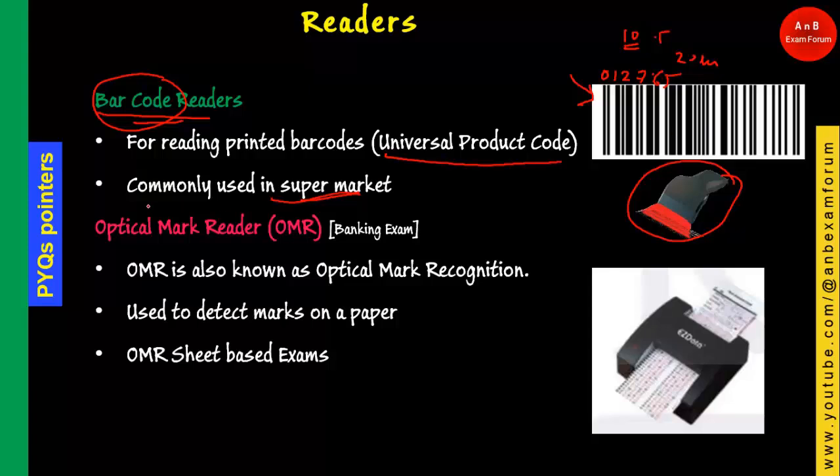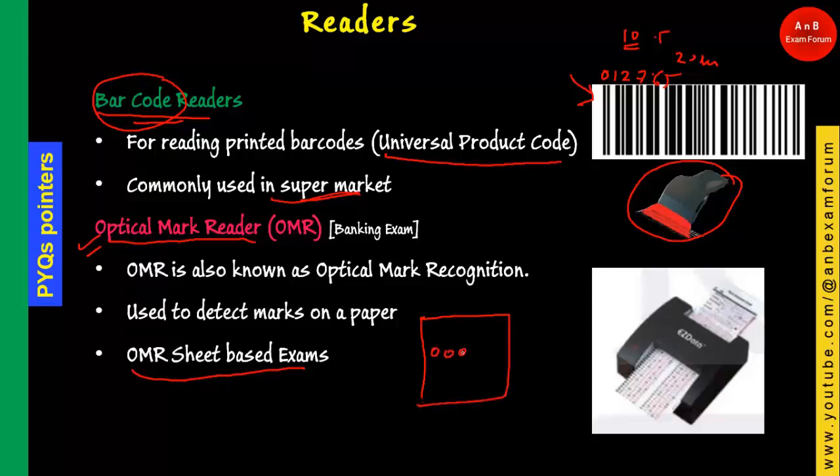The next reader is the optical mark reader. As all of you students know, in the OMR sheet we generally fill in the rounds. You have OMR sheets where you need to fill in the answers. You just mark or fill those OMR sheets with your pencil. These markings are used to detect the marks on the paper. Basically, whatever the obstruction is, it is used to identify.